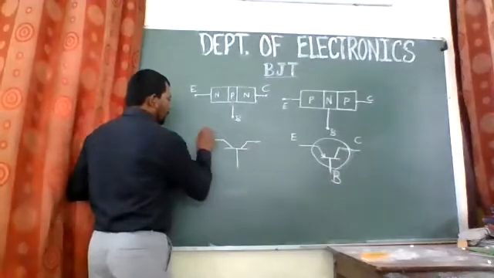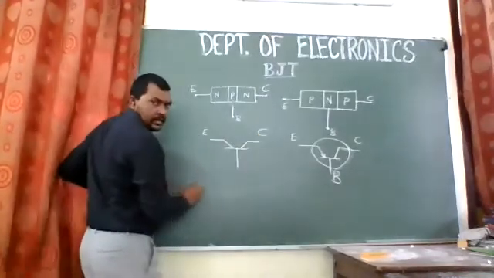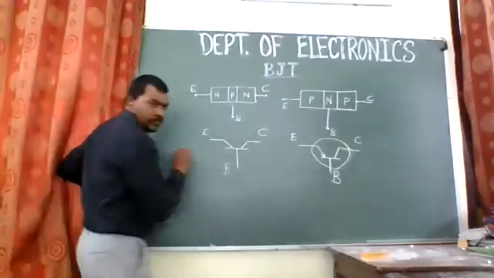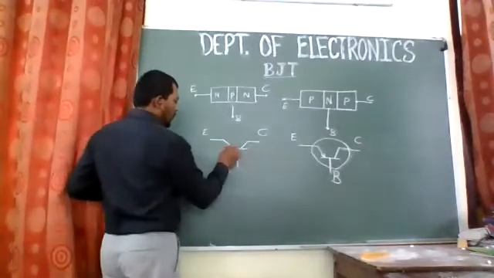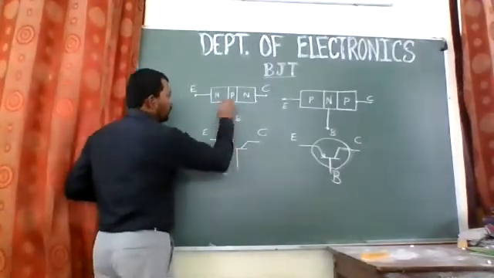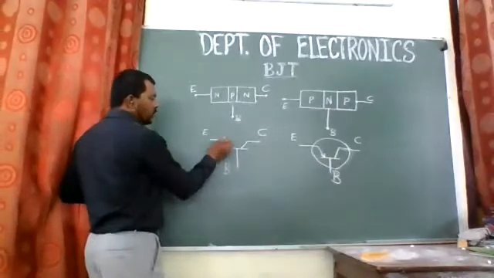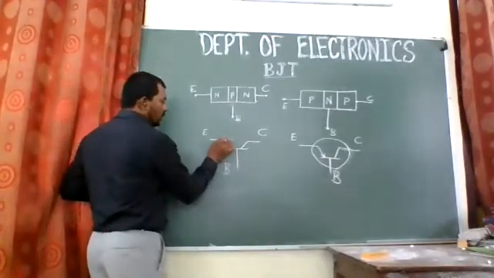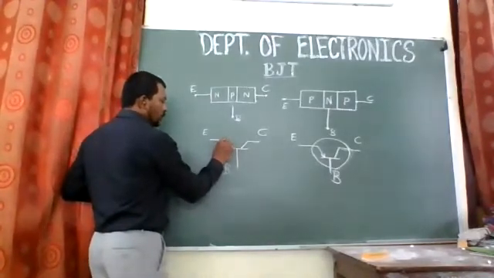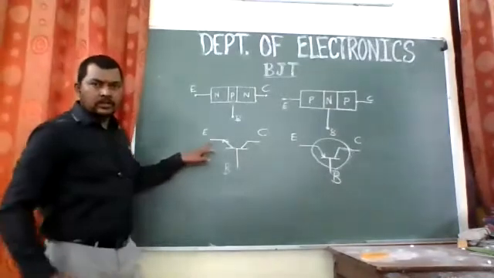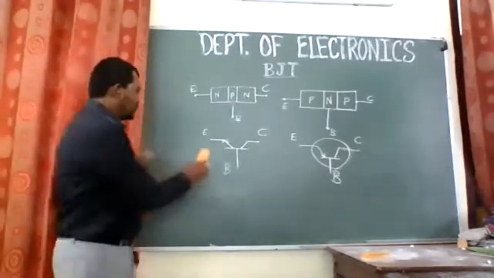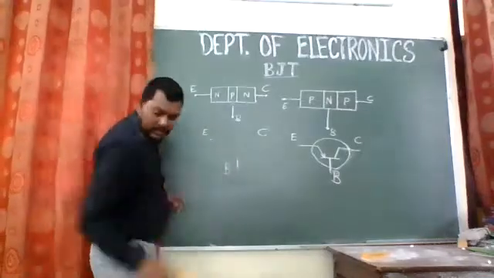I call this the emitter, this the collector, and this the base. The arrow is going to move from P to N, and therefore the arrow is shown in the other direction, like this. I have drawn an arrow here. I guess it is still not visible.